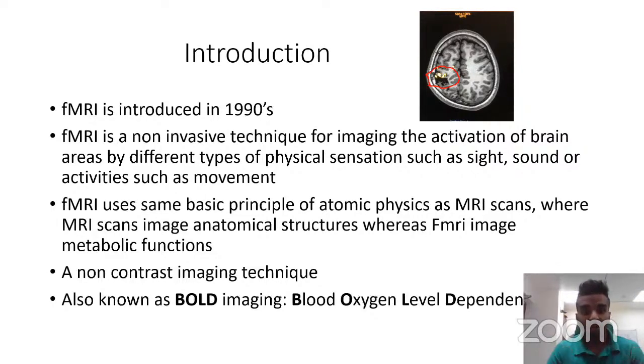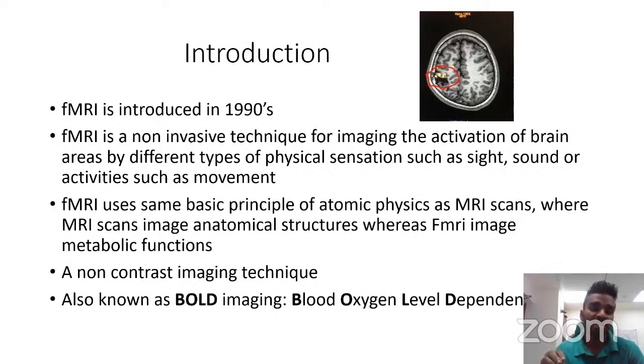I told you fMRI is basically blood oxygen level dependent imaging, because it is purely dependent upon the amount of oxygen the blood is carrying. However much oxygen reaches that region, that much activation can be seen.